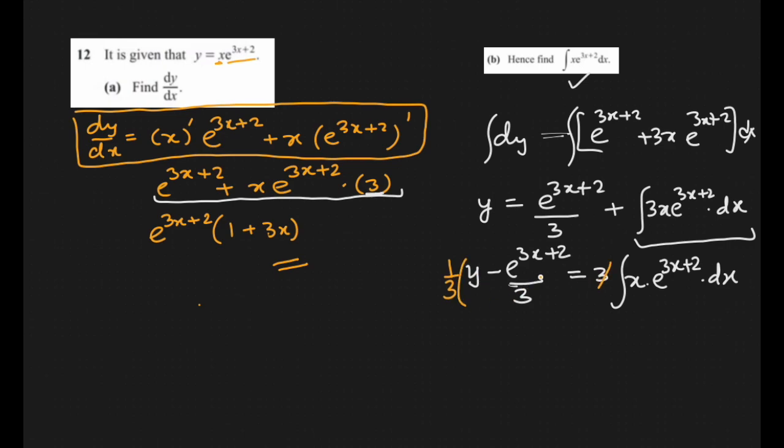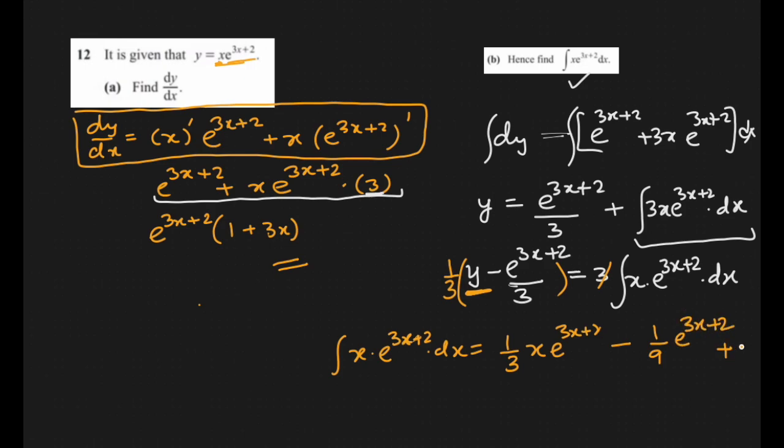So the integration of x e to the power 3x plus 2 dx is equal to 1 over 3 y, and y is known to us, which is again x e to the power 3x plus 2. So this y is replaced, minus 1 over 9, because 1 over 3 times 1 over 3 is 9, e to the power 3x plus 2 and plus c, because it's an integration.